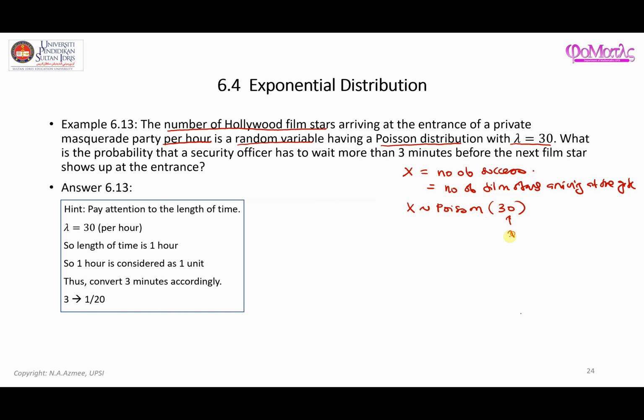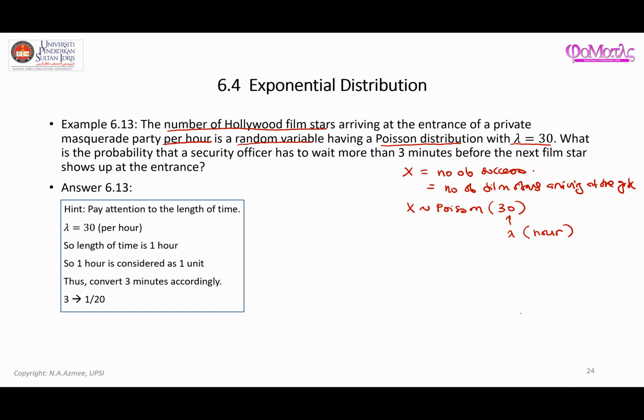So this is the value of lambda, and the rate here is given in terms of hours. This is something you need to pay attention to. You need to know what kind of interval they are talking about. Is it hour? Is it minute? Is it day? That kind of stuff you need to pay attention to.